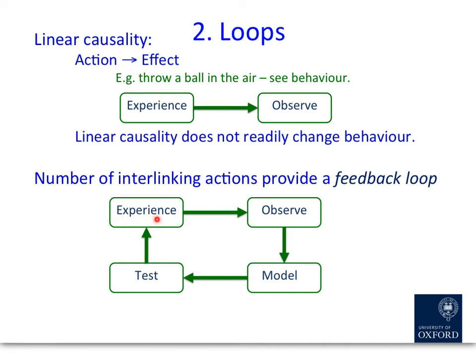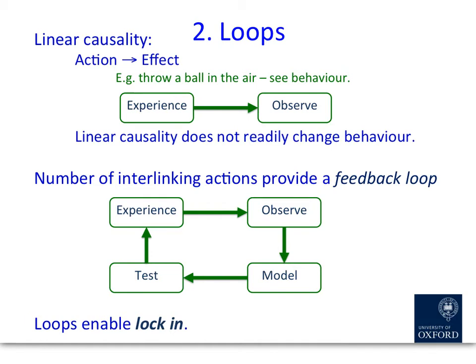The experience of catching the ball means that our model is correct, or if we don't catch the ball, we need to update our model so as to better fit reality. This loop of experience, observation, modeling, testing, and then improving experience provides a way that we have lock-in. That is, we continually improve the model by going around this loop more and more times so that we improve in catching that ball.